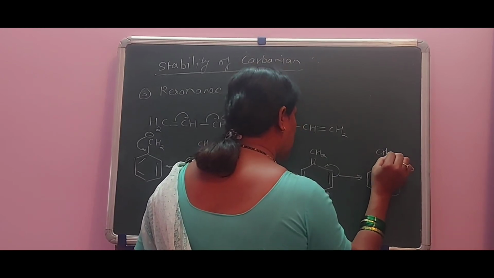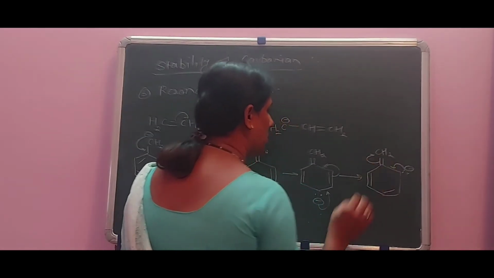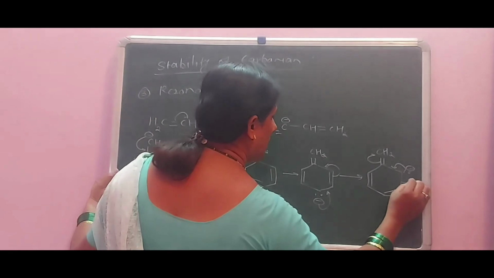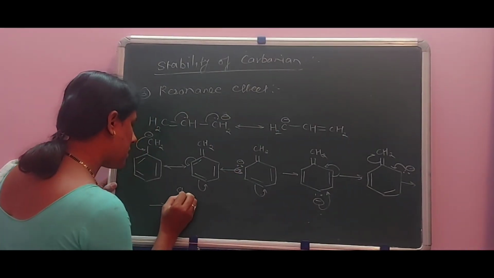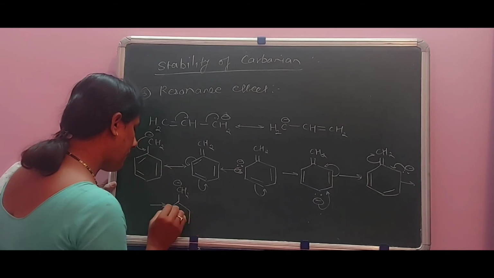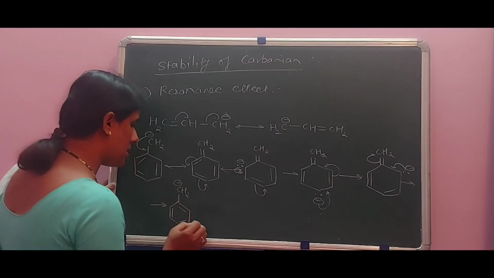This is of CH2. Now these electrons go on here, and that gives rise to the structure like this, CH2⁻ here. The structure is represented as like this.